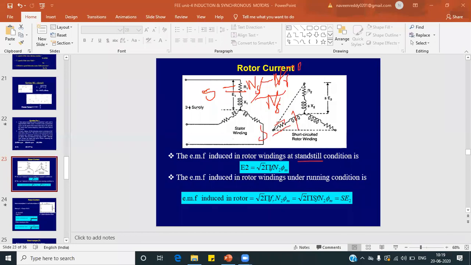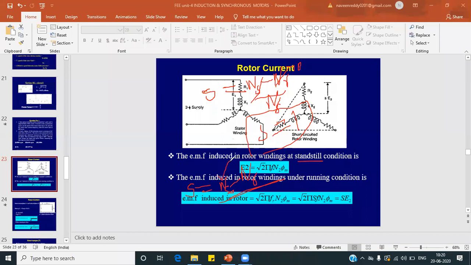So here my point, guys, is not to test your knowledge or to tell you that slip is one at standstill. My point is, what is actually slip? If you forget about the denominator, slip means NS minus NR.